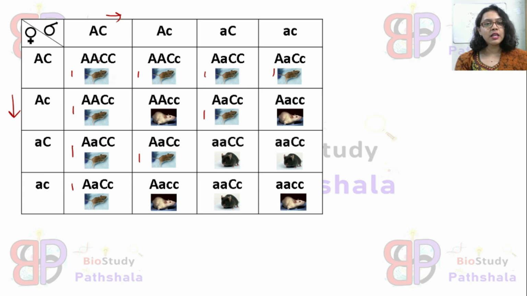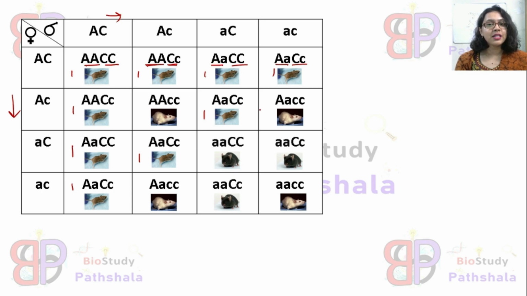You can see one individual shows 1 capital A allele and 1 capital C allele. Here you can see 2 capital A, 2 capital C. Here 2 capital A, 1 capital C, 1 small c. Here 1 small a, 2 capital C. And here 1 capital A, small a, 1 capital C, small c.